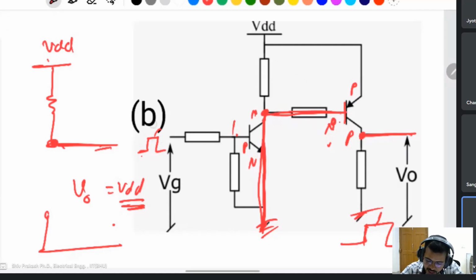When the pulse is high, then this transistor will be on. The same voltage appears here, then the output will be the same as VDD. But when it is 0, then this transistor will be off. Then that voltage appears only here. Here is the open circuit. We have an open circuit. This voltage is here, and the same voltage appears here. That's why this will be turned off, and this will be turned off.